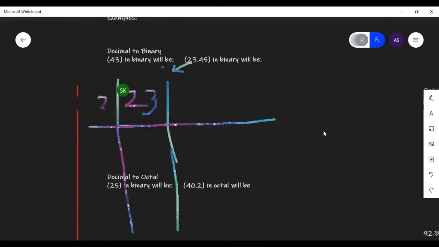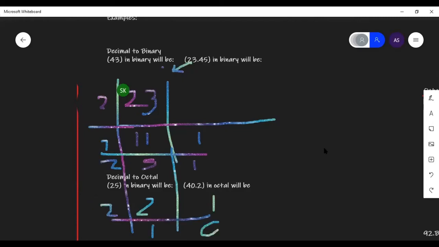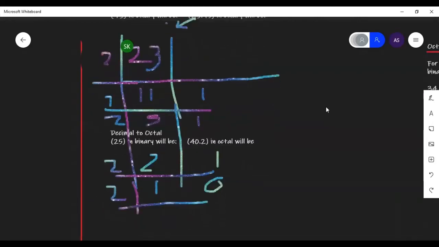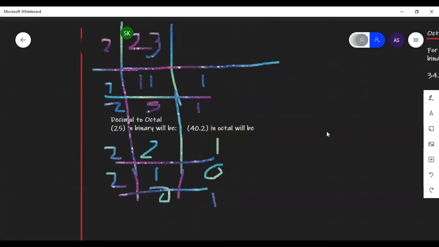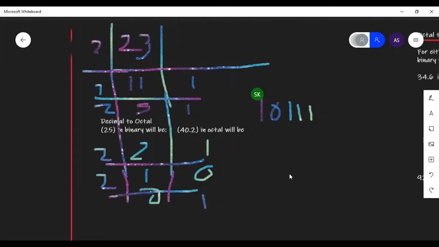We get 11 and remainder 1. Then 2, 5, 1, 2, 2, 1, 2, 1, 0, 2, 0, and 1, right? So now we write this here, we have 1, 0, 1, 1, 1. And then we put a decimal point here for the next part.